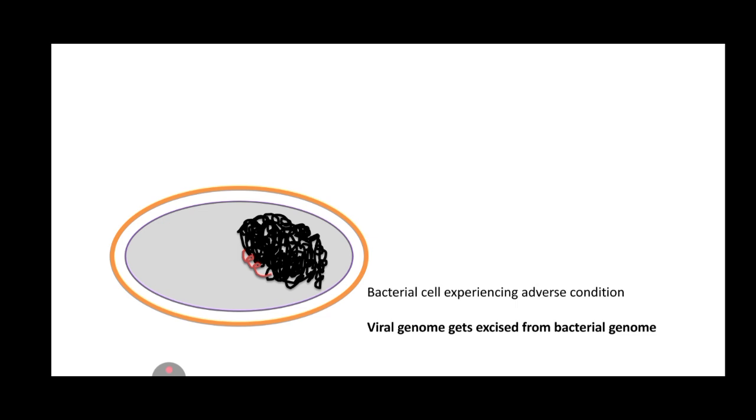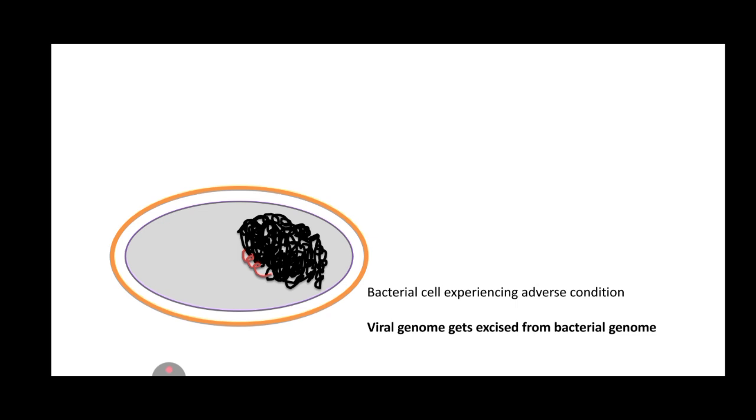Under some rare circumstances, during the time of excision, a copy of the bacterial genome may come along with the viral nucleic acid. In other words, a part of the viral genome along with bacterial chromosome is excised from the integrated form.